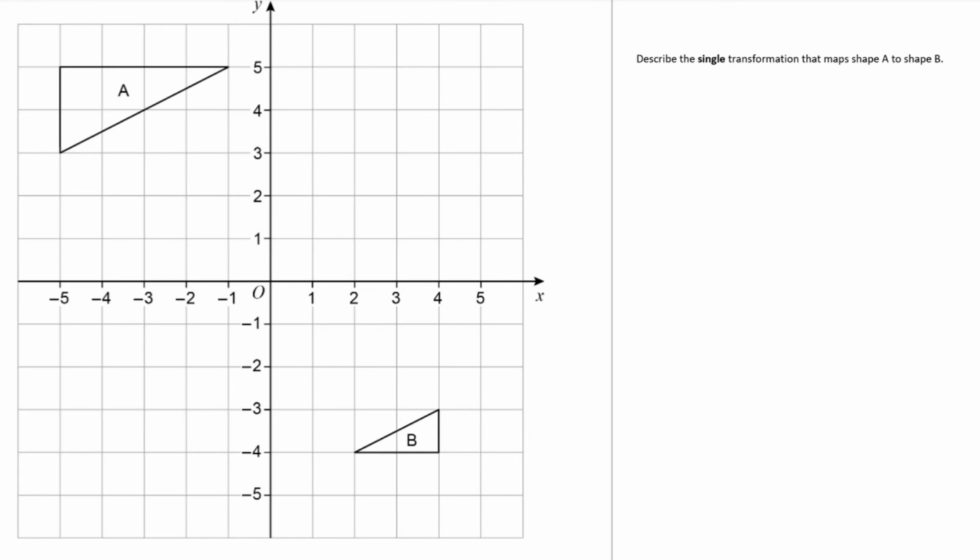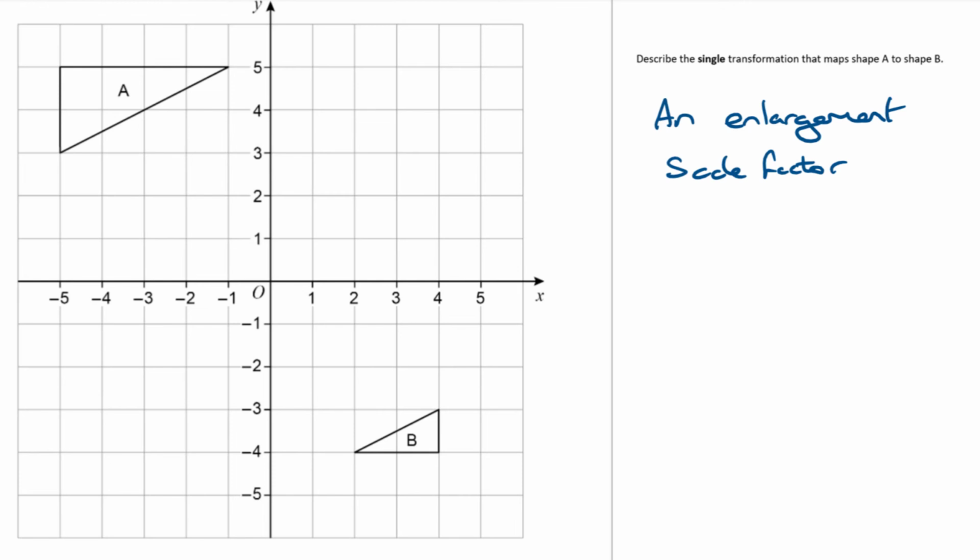So first off, I'm going to say it's an enlargement. That's going to earn me the first mark. Now this is a 3-mark question, so I get the first mark for picking the right transformation. Now to describe an enlargement, you need the scale factor and you need the center of enlargement. Okay, so the scale factor we can find by finding 2 matching lengths on object and image and dividing one by the other to find out how many times bigger one is compared to the other.